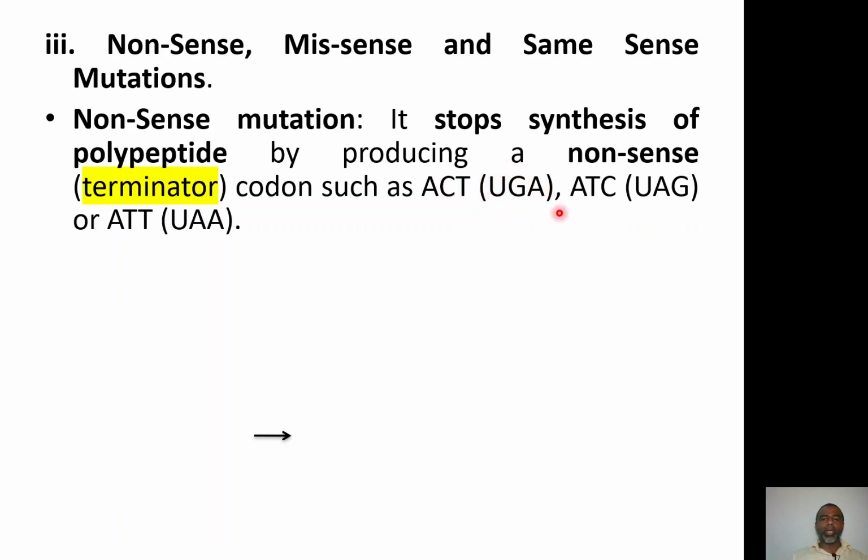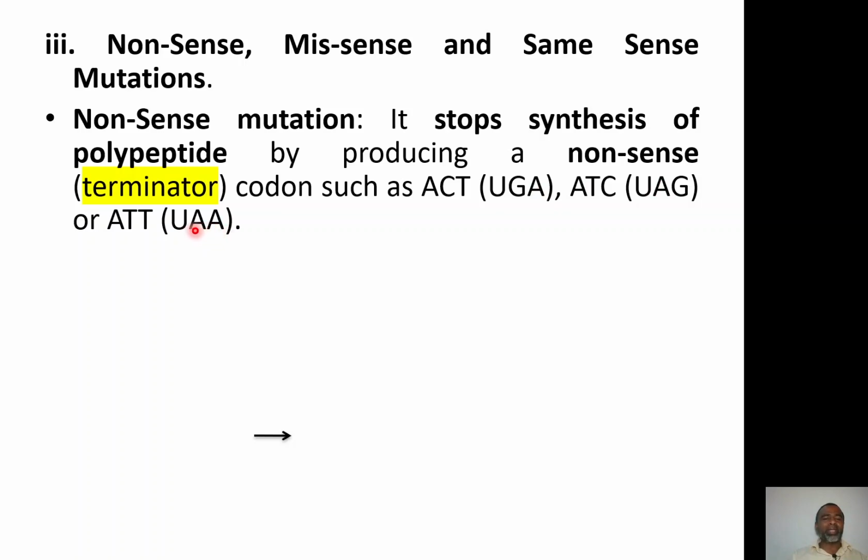Again, if ATC is formed, in the messenger RNA you will have UAG, and if ATT is formed then UAA will be formed in the messenger RNA. All these three codes, UGA, UAG, UAA, are the stop codons.